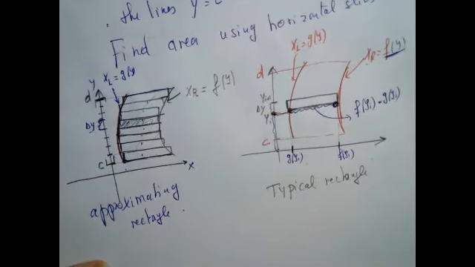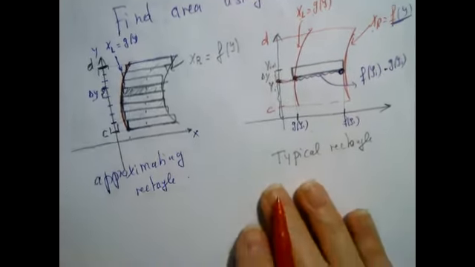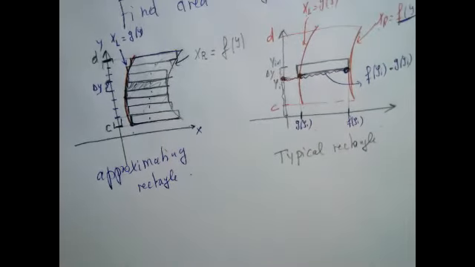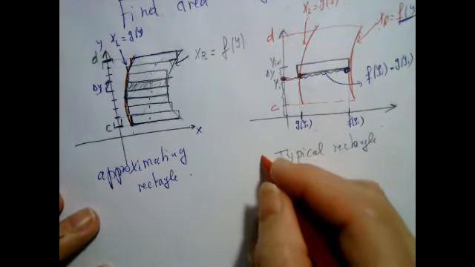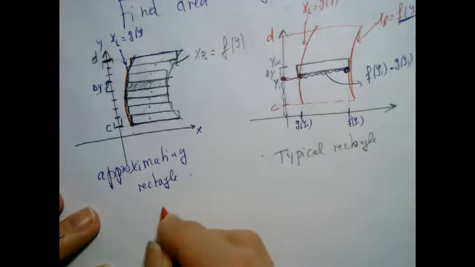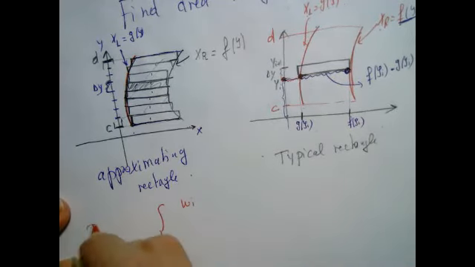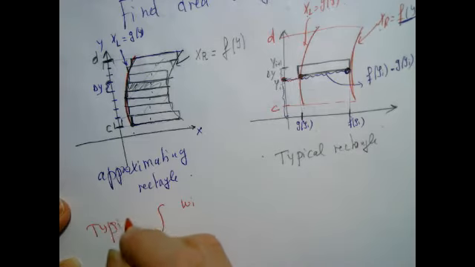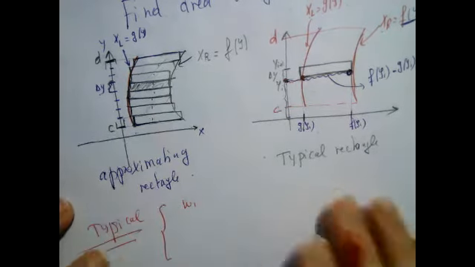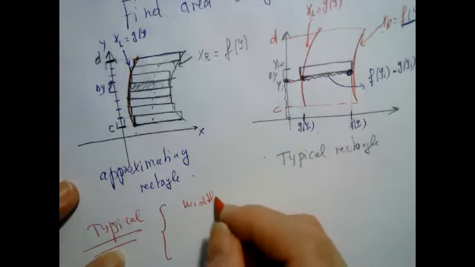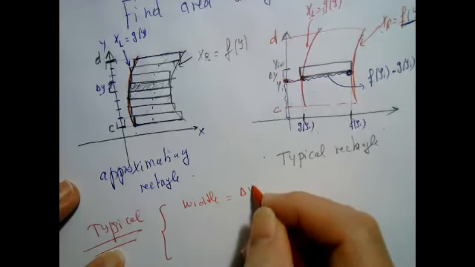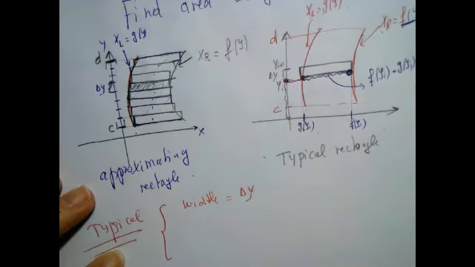So if I take a typical rectangle, the delta y is the width. Now let's see what happened. Typical rectangle, and then I add the typical ones to get a Riemann sum. The width is the delta y. That's what the width is.